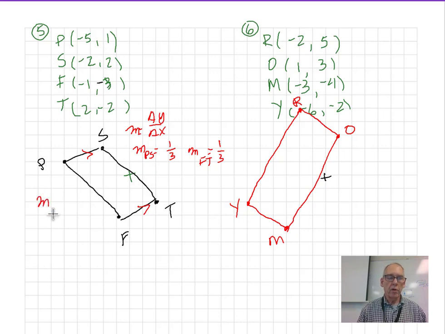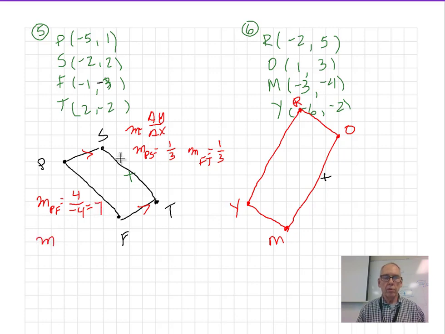The slope of PF, in terms of the y's, is 1, 2, 3, 4. And in terms of x is 1, 2, 3, 4. It's a negative 4 because it drops down. So it gives us a negative 1 for the slope.